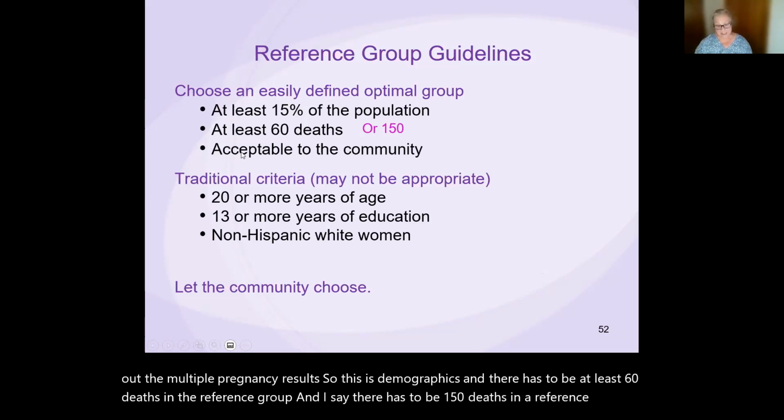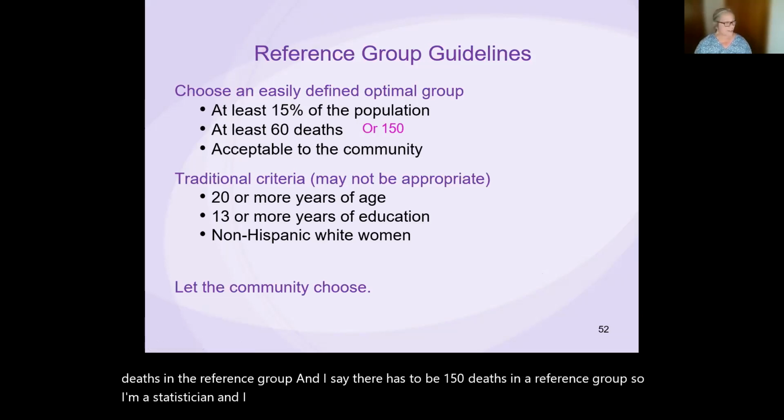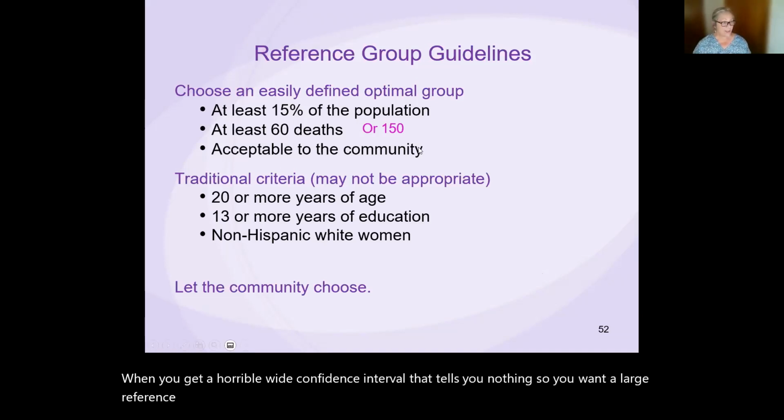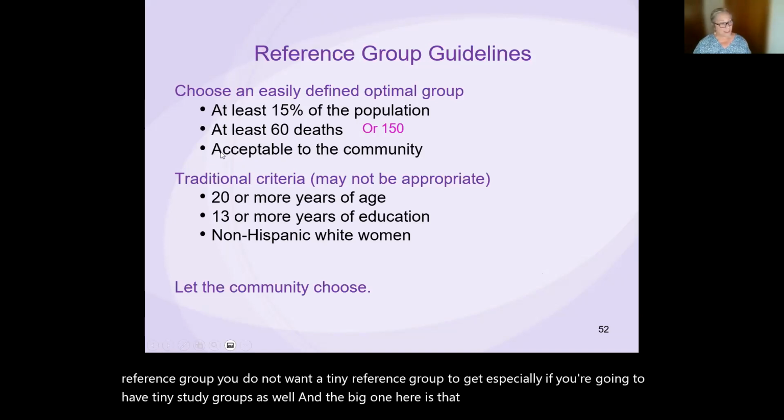I'm a statistician and I just hate it when confidence intervals are so wide, and then you subtract two wide confidence intervals and you get a horrible wide confidence interval that tells you nothing. So you want a large reference group. You do not want a tiny reference group, especially if you're going to have tiny study groups as well. And the big one here is that it has to be acceptable to the community. And we'll talk more about that next.